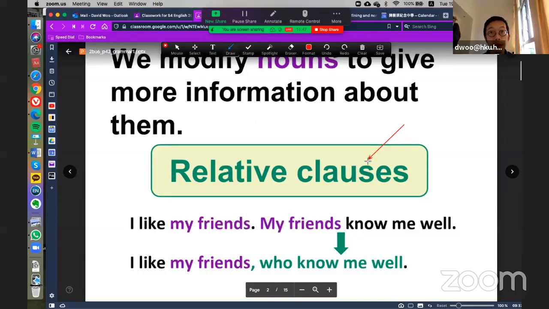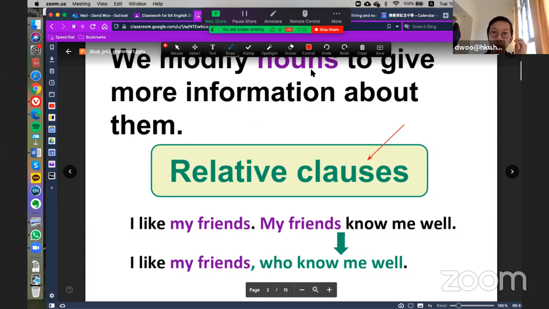A clause is almost a sentence. A clause doesn't necessarily have to have a capital letter at the beginning and a full stop at the end. A clause must have a subject and a verb. So all sentences are clauses. Not all clauses are sentences.